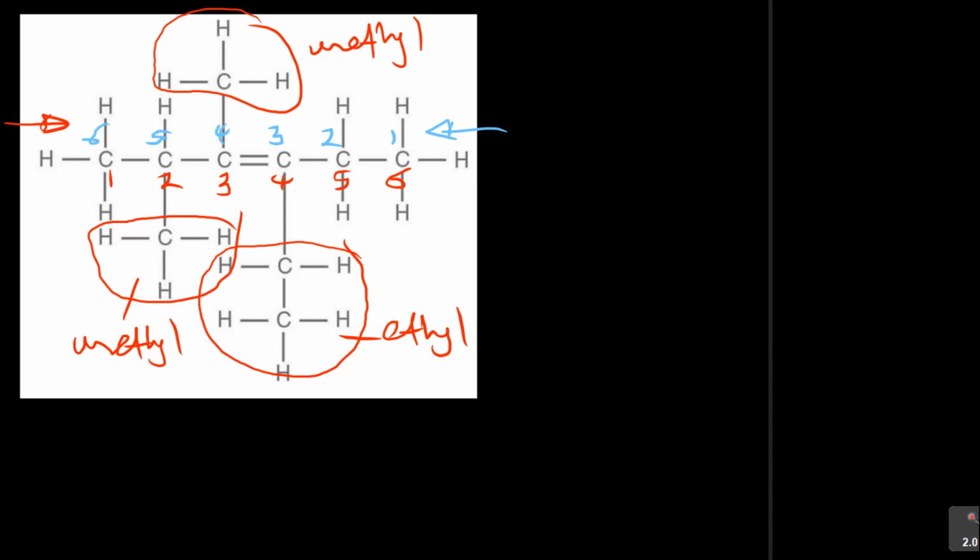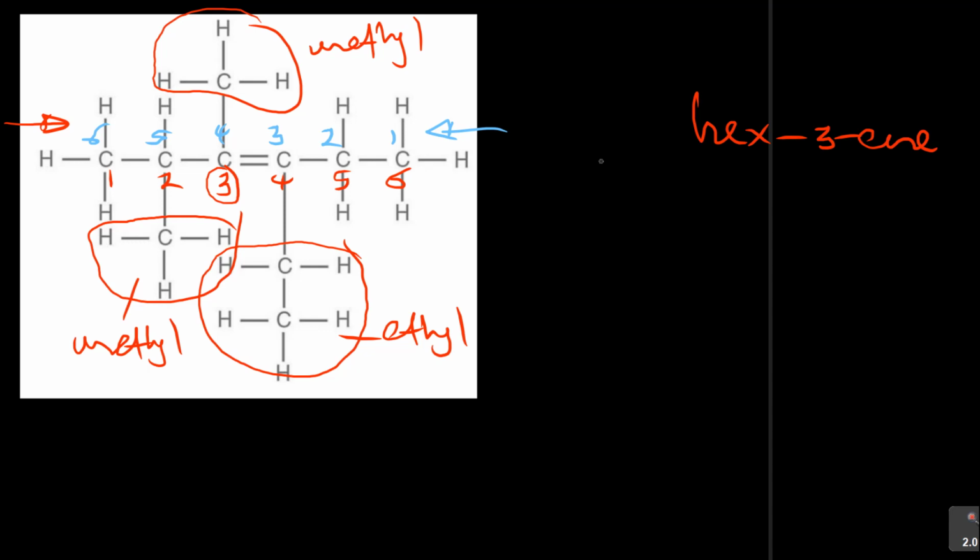So I'm going to write the names now. What is the first name, the one in red? Six carbons is hexene, and the double bond is at carbon number 3, so I will have hex-3-ene. That one is not a problem.